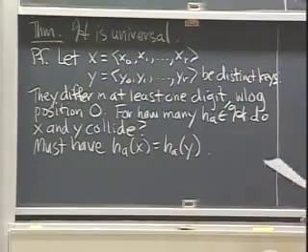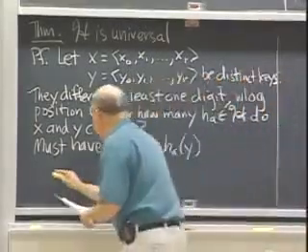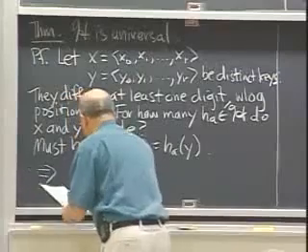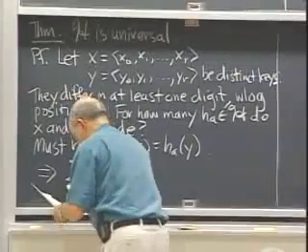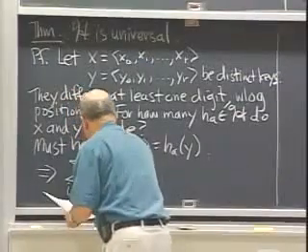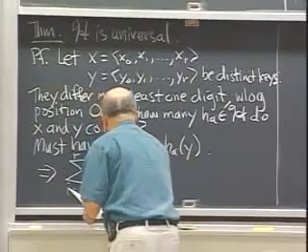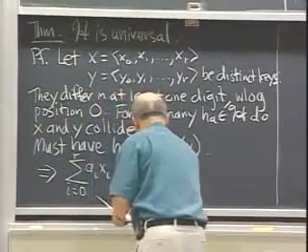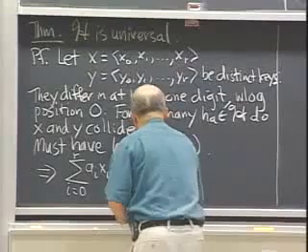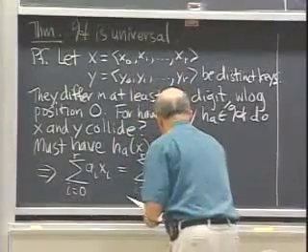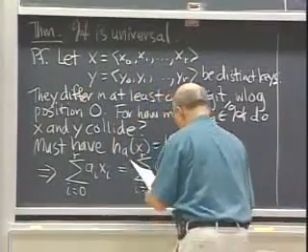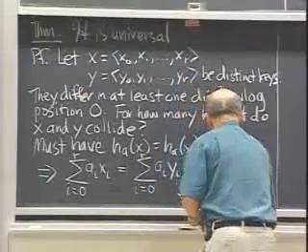So that implies that the sum of i equals 0 to r of a sub i x sub i is congruent to the sum of i equals 0 to r of a sub i y sub i, mod m.